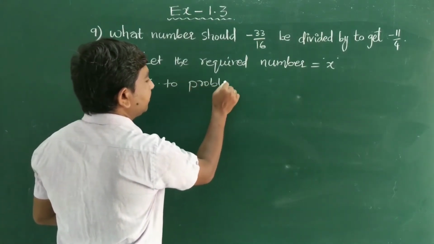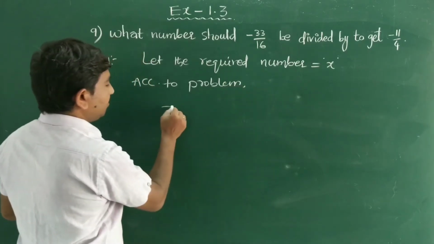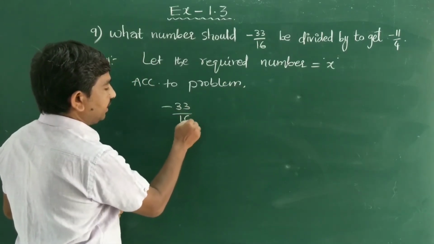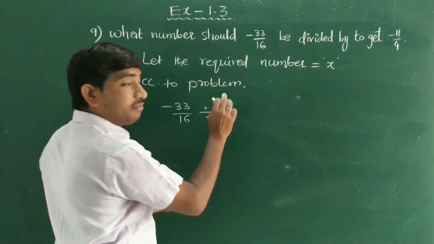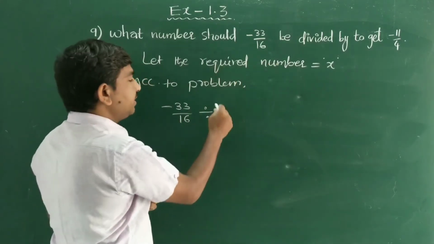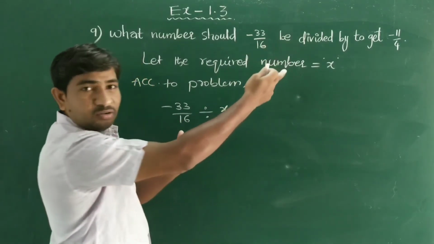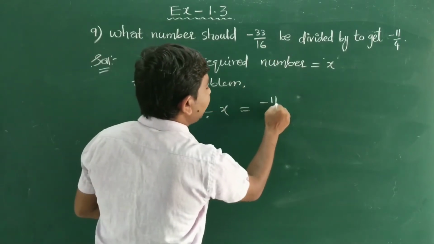what can we write? Minus 33/16 divided by what number? That is x, to get minus 11/4.